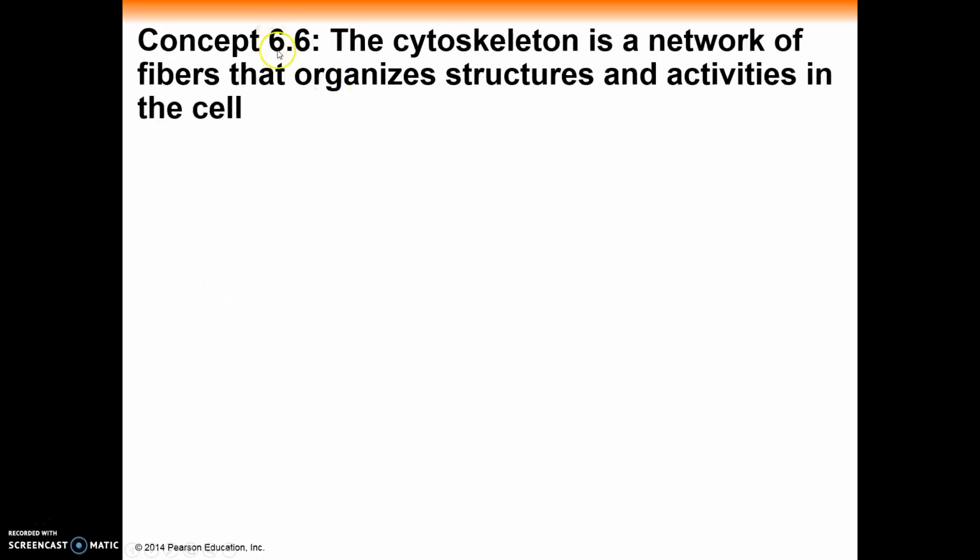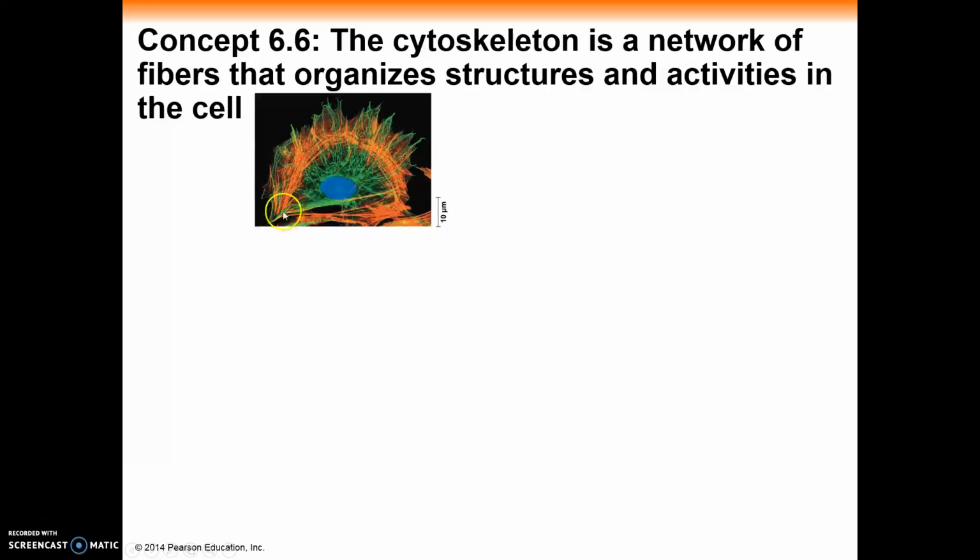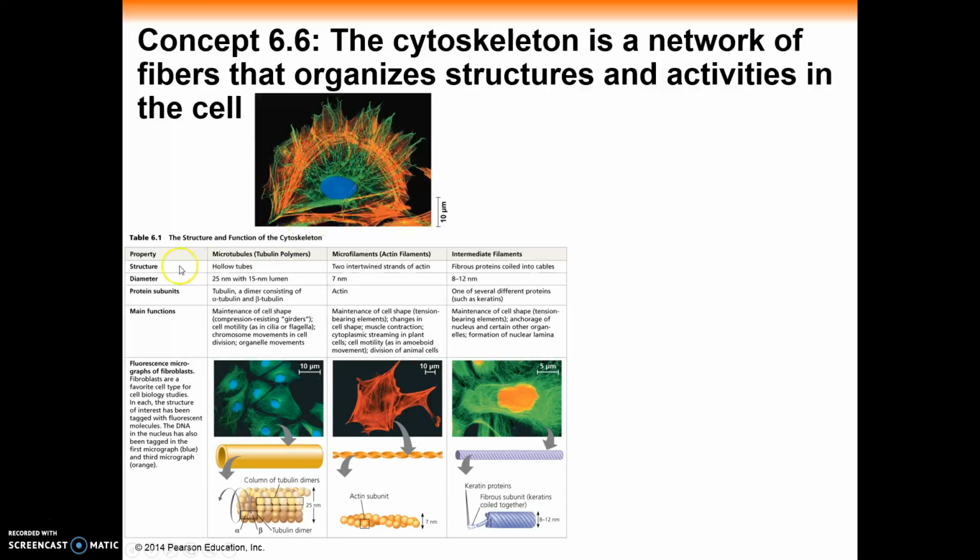So, in concept 6.6, the cytoskeleton is a network of fibers that organize structures and activities in the cell. We gave an example of how all these fit together, that we have three different types. We have microtubules, which resist bending and compression. We have actin filaments that are really good at holding tension. Both of these have motor molecules that can move along them. They can also grow and shrink.